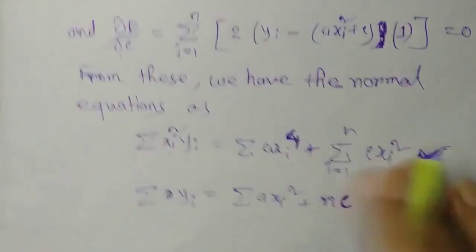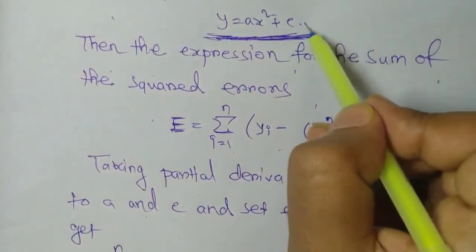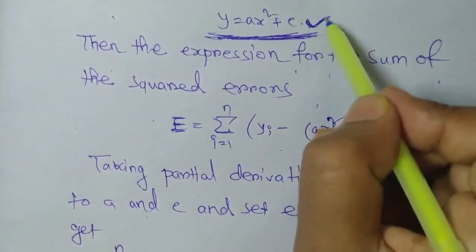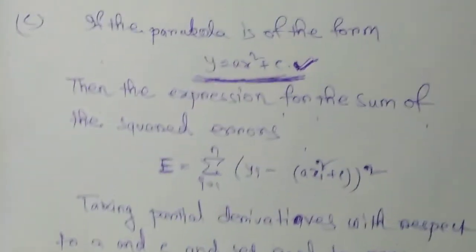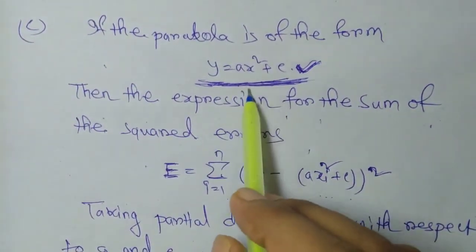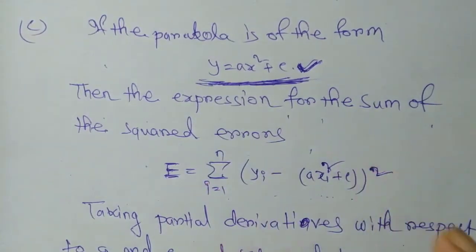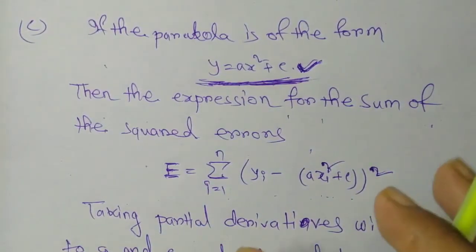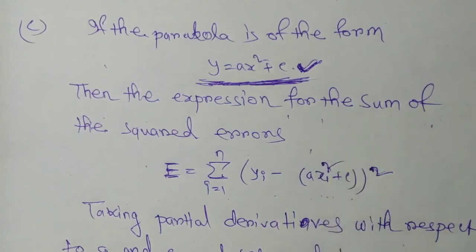Putting the values of a and c here, you will obtain the required parabola which fits the given data most accurately. That is the best fitting parabola.